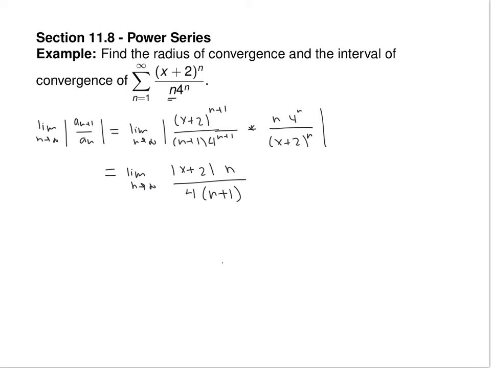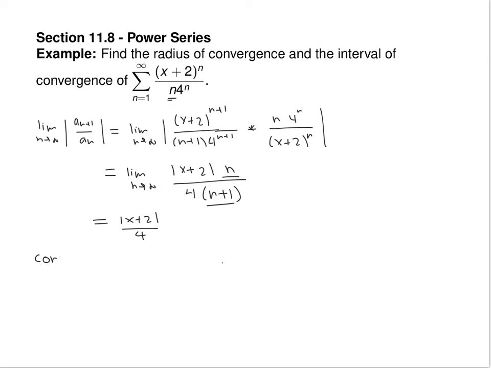But x+2 has to stay in absolute value bars because x could be a negative number, whereas we know that n is a positive integer, so therefore positive. So as n goes to infinity, this n over n+1 ratio will go to 1. So this limit goes to the absolute value of x+2 over 4.